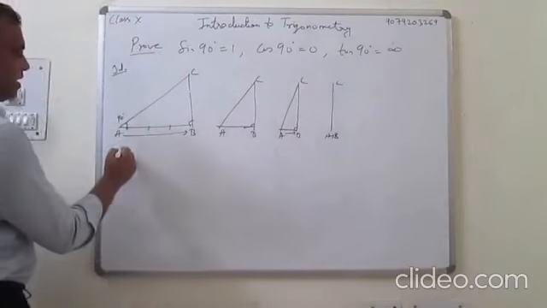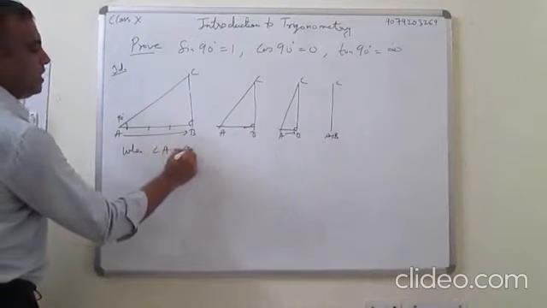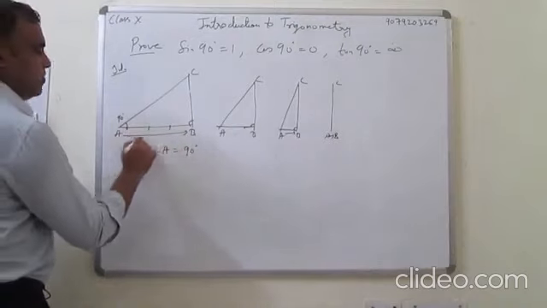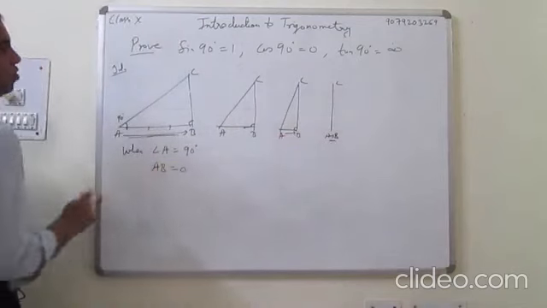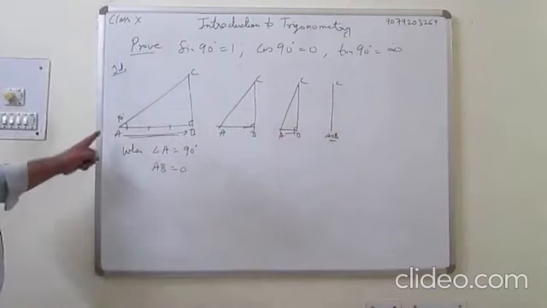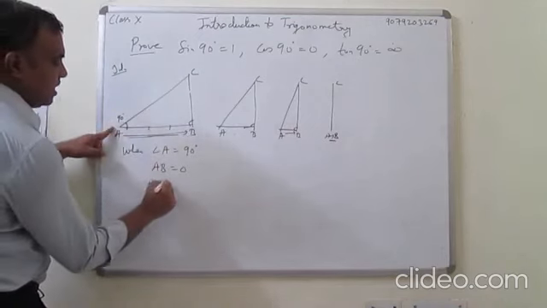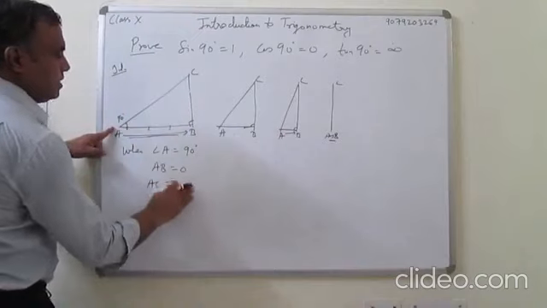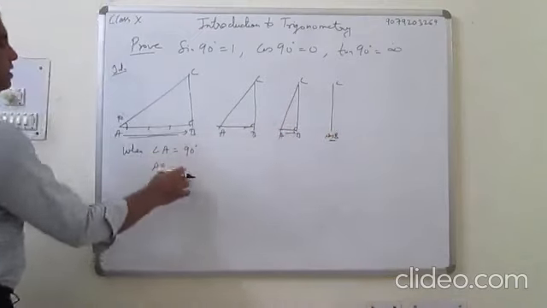So when angle A is 90 degree, this distance AB is 0, and AC is nearly equal to BC.